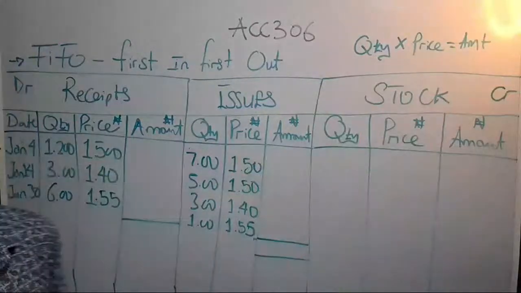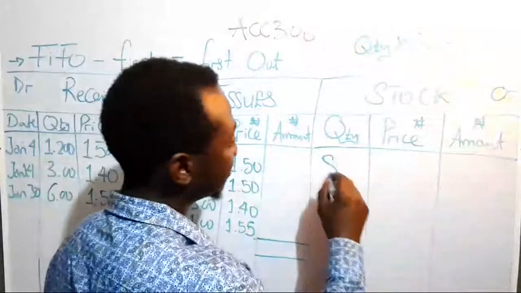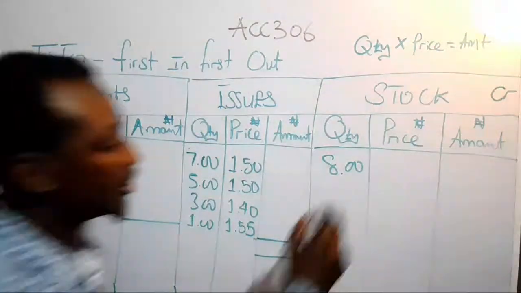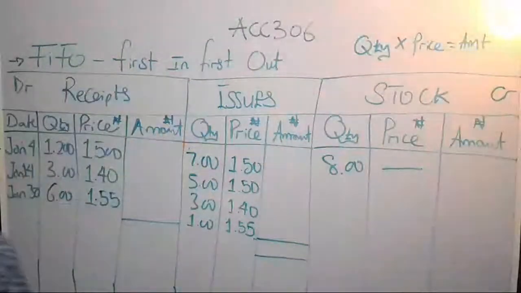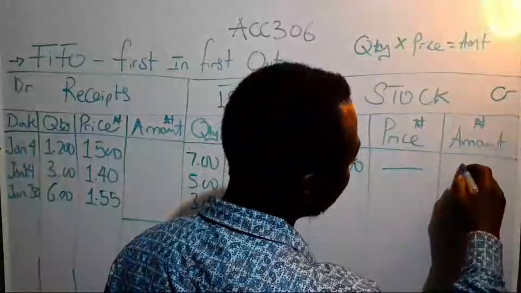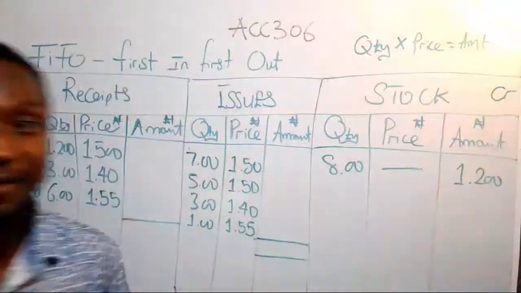So now I want to give us as an assignment. So let's say we have 8.00, all right, no price given, and we have, all right, the amount as 1.200. So what should be here? That's our assignment.